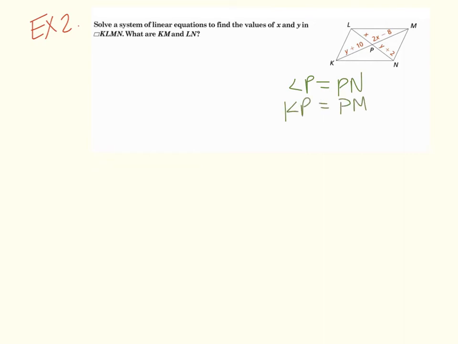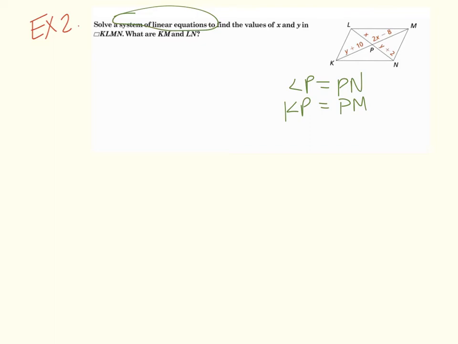Now a system of linear equations is basically two equations that have two different variables in them. Your variables are mixed up and you have two variables in one equation.